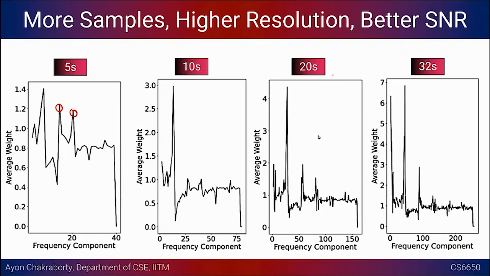Okay, so what we call this particular thing is related to signal to noise ratio, or SNR, where the signal that you are interested in is the weight of the actual peak. This is the actual peak of the signal that you are interested in, whereas we have a concept of noise floor, which is basically the randomness in the system that is always present.